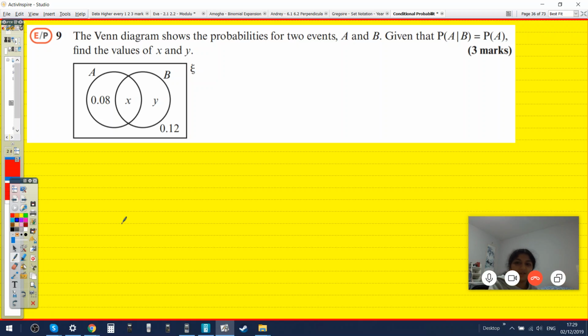Because you know that P of A given B is equal to P of A, then you know that X over the probability X plus Y is equal to 0.08.